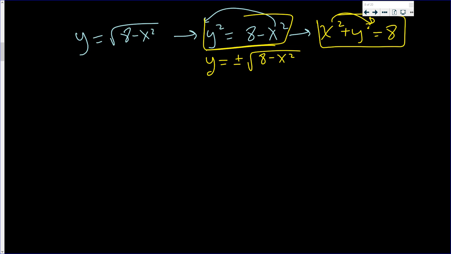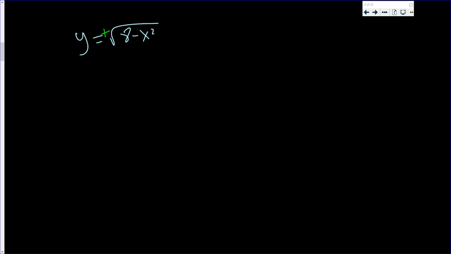The plus will be the top half of the circle, and the minus will be the bottom half. So we just have the top half of the circle. You should know from pre-calculus that the graph y equals the square root of 8 minus x squared is a circle.